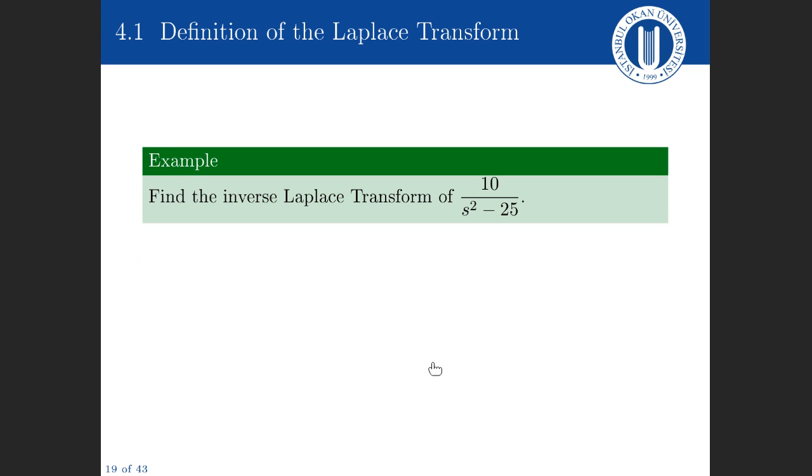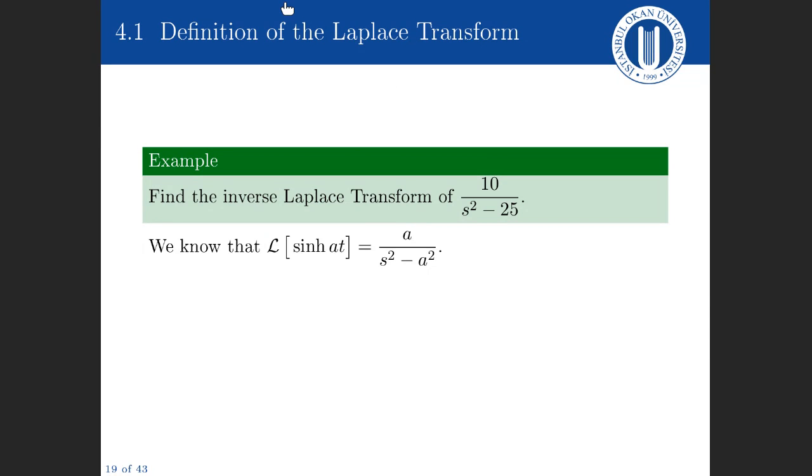The inverse Laplace transform is also a linear operator, which, again, I leave for you to check. For example, find the inverse Laplace transform of 10 divided by s squared minus 25. Now remember, we know that the Laplace transform of sinh at is a divided by s squared minus a squared.